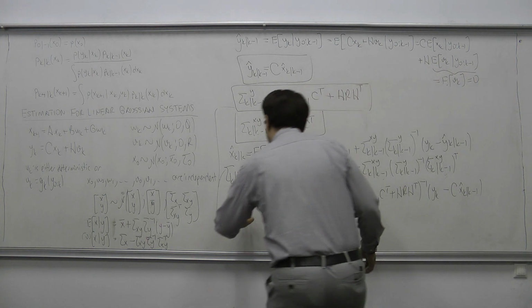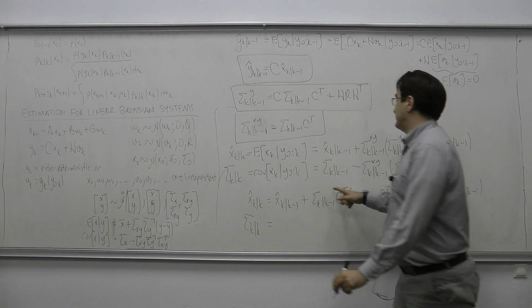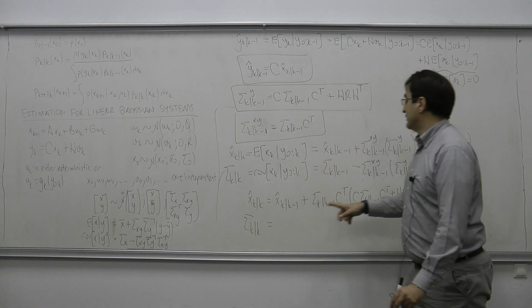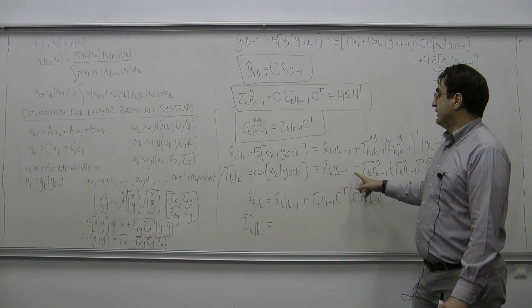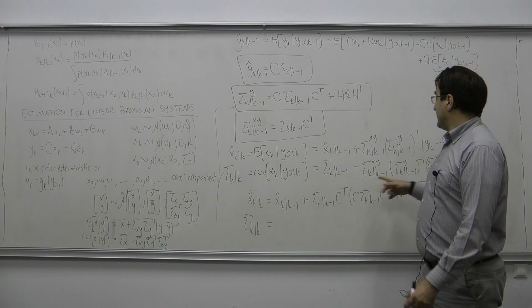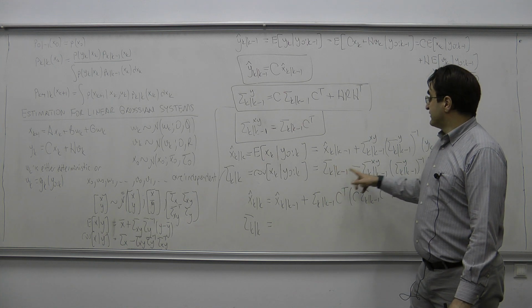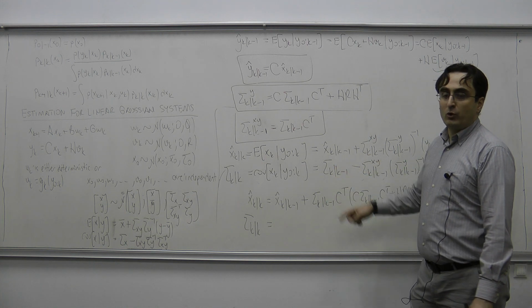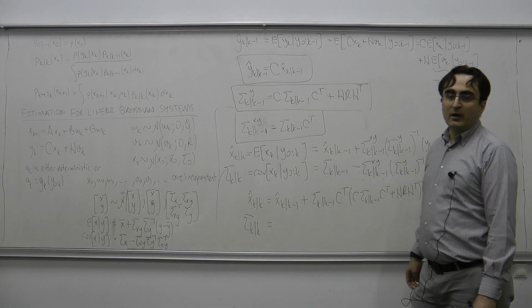And I have sigma k given k, the filtered covariance, equal to the predicted covariance minus something. Here, this is my predicted covariance. After I get this measurement yk, I am subtracting some matrix from this covariance. So the covariance gets smaller in this update.